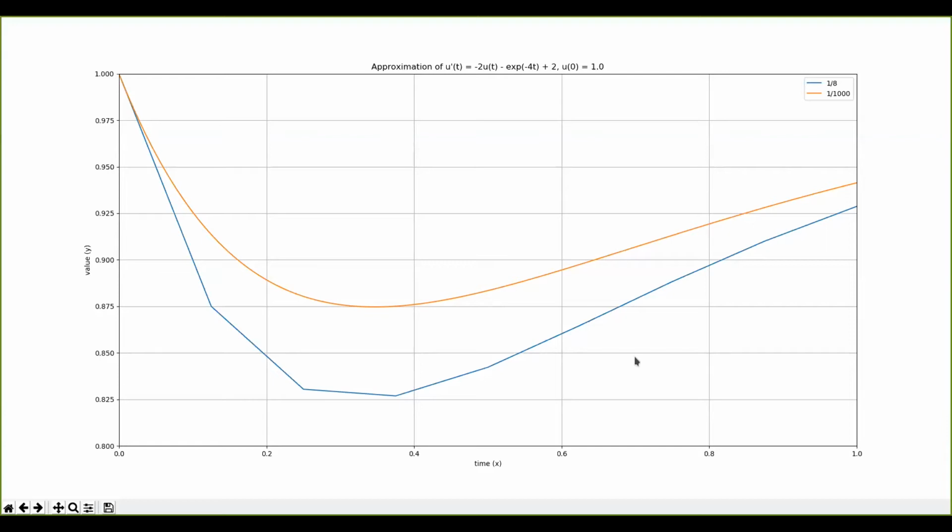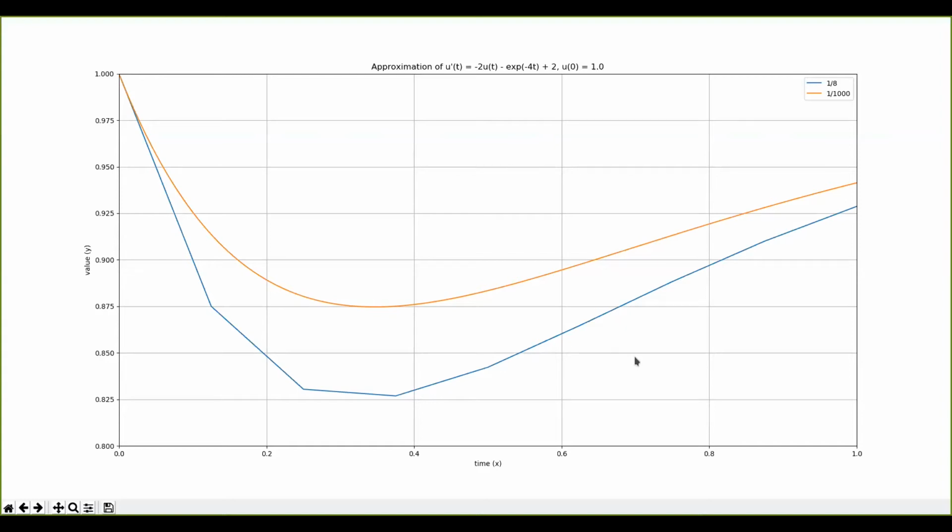Then the Euler method goes a straight line up to time t equals 1 over 8. Then we change the slope again, go up to time t equals 2 over 8. We again change the slope and draw a line now up to time t equals 3 over 8. Then we see that the slope is suddenly positive, and we keep drawing a line up to t equals 1/2, and so on. In fact, the graph looks very flat on the blue curve, even though it's actually a bit bent.